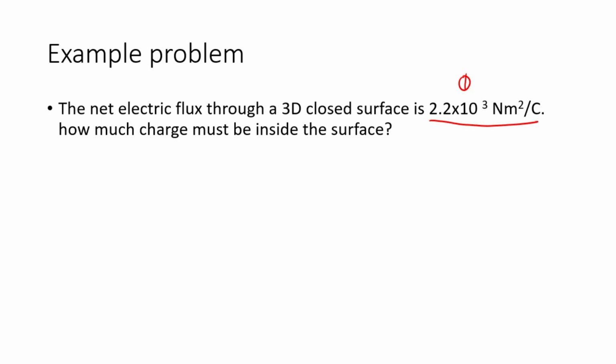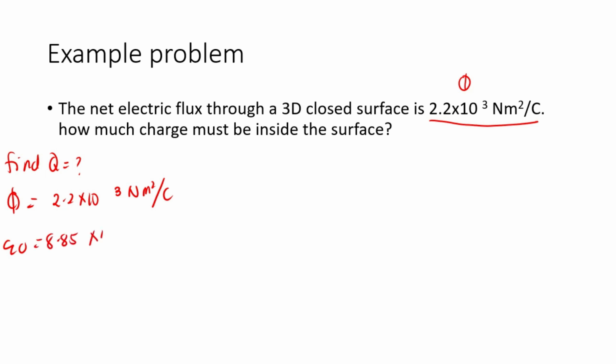So we are looking for the charge. From the given, we have the electric flux, which is 2.2 times 10 raised to 3 Newton meters squared per Coulomb, and our EO, which is 8.85 times 10 raised to negative 12 Coulomb squared per Newton meter squared.